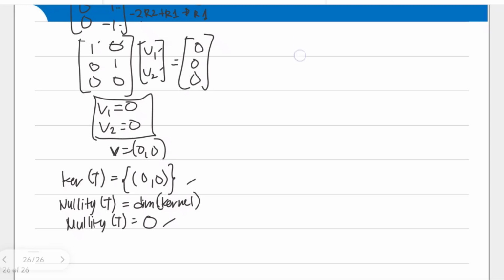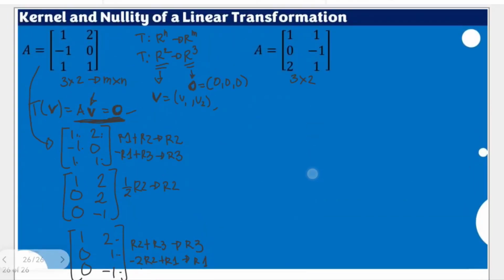Let's see if it's the same situation with the second matrix. So we will have the reduced row echelon form with 1, 1, 0, negative 1, 2, and 1. This is already 0. So what we need to do here is to multiply negative 2 to row 1 plus row 3 to have a new row 3. So that's 1, 1, 0, negative 1 here as well.